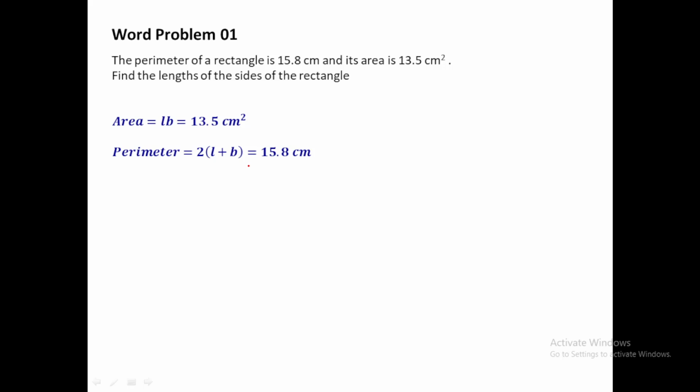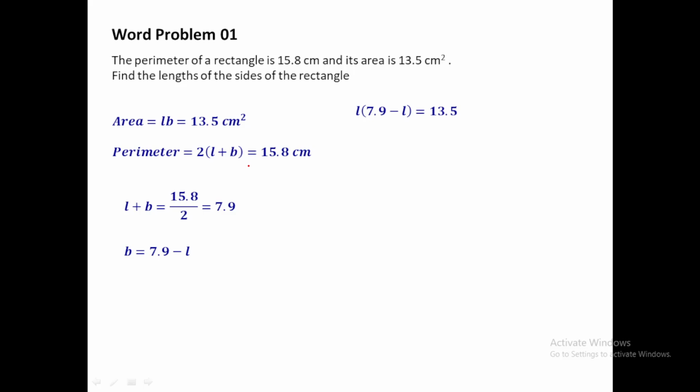Let's see the equations. Then we can write, from 2 times (L plus B), L plus B is equal to 7.9. Then shall we write B is equal to 7.9 minus L? Yes. Then can we substitute B as 7.9 minus L into the area equation?